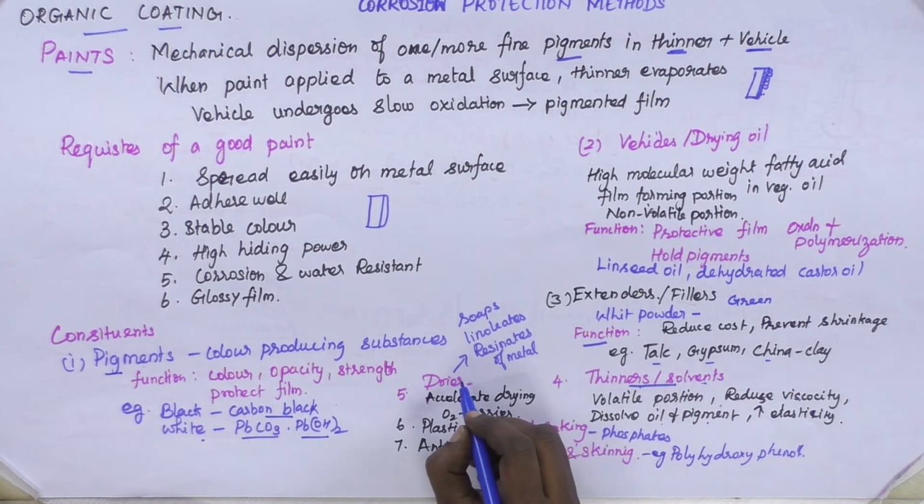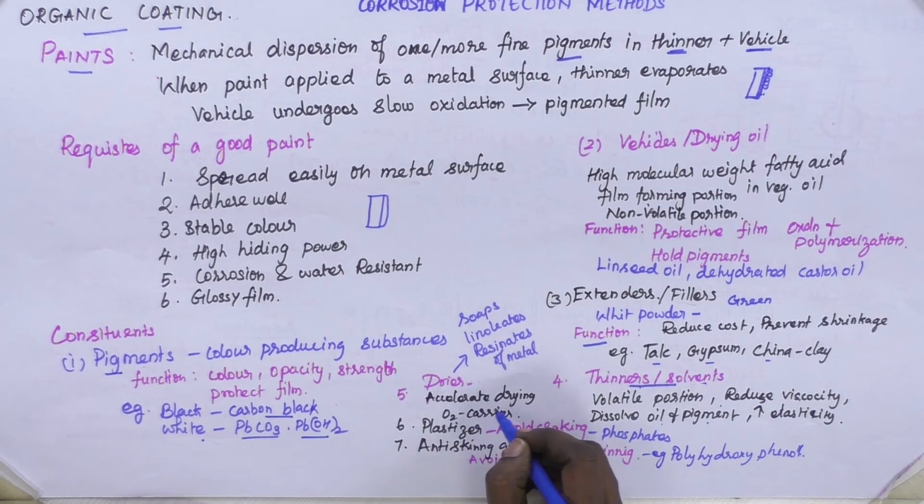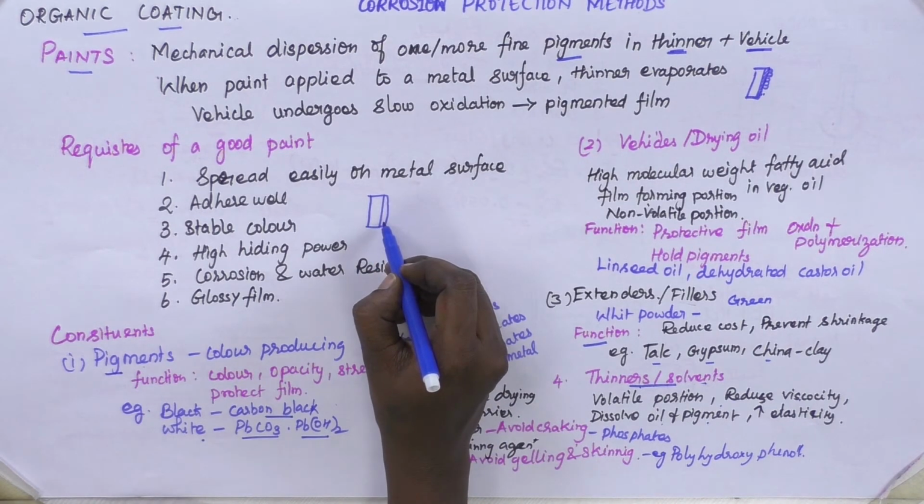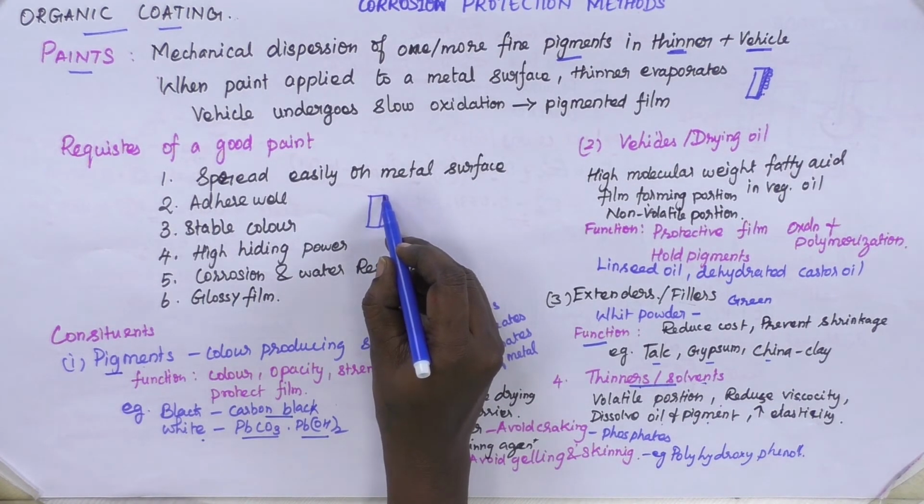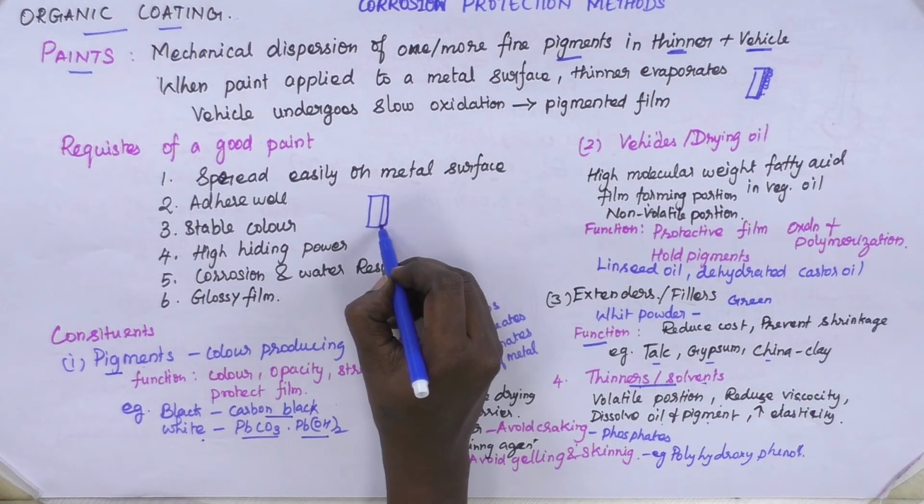Next we are going to see the dryer. The dryer component accelerates the drying process. When you paint the surface of metal, it adheres on the surface of the metal.